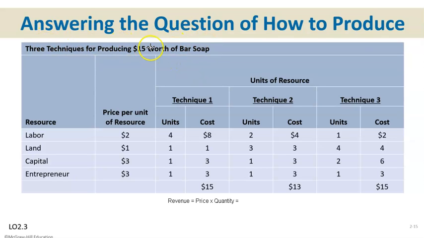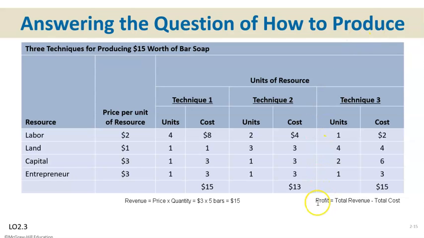So there's 3 different techniques for producing 5 bars of soap, and the price of soap is $3. So if the firm sells each of the 5 bars for $3 a piece, they will be gaining revenue of $15.